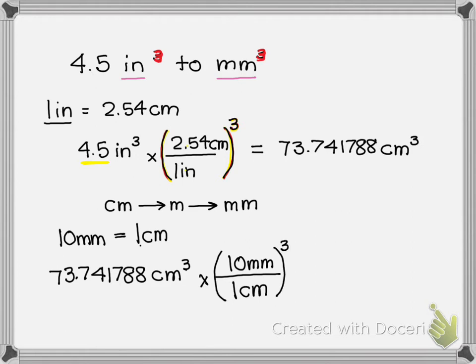But again, because this is cubed, I have to cube the conversion factor. Because basically what cubed means is that I'm multiplying, like, inches by itself 3 times. So I have to do 3 conversions, and that's why I have to cube my conversion. And here, this would be like centimeters 3 times. So I have to cube my conversion to get rid of each unit.